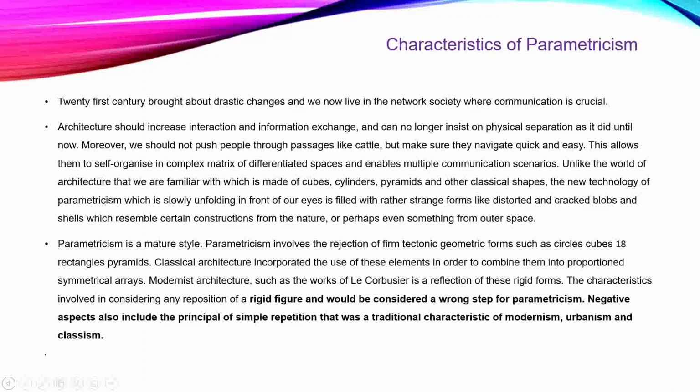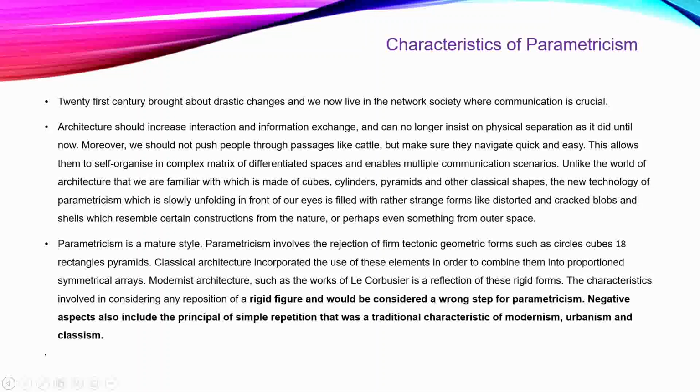Parametricism involves the rejection of firm tectonic geometric forms such as circles, cubes, rectangles, and pyramids. Classical architecture incorporated the use of these elements in order to combine them into proportionate, symmetrical arrays.